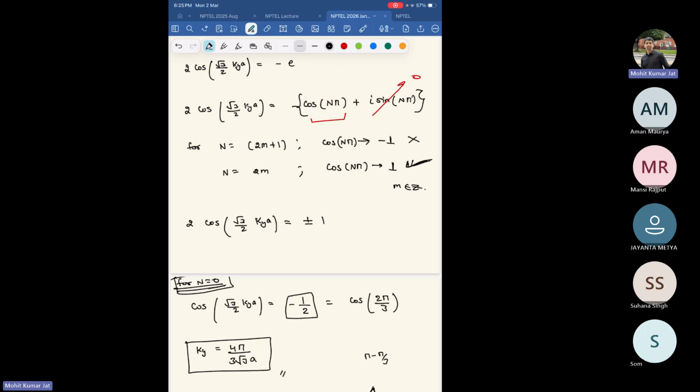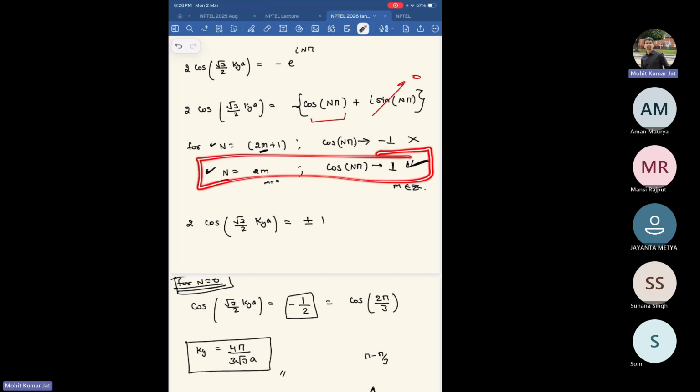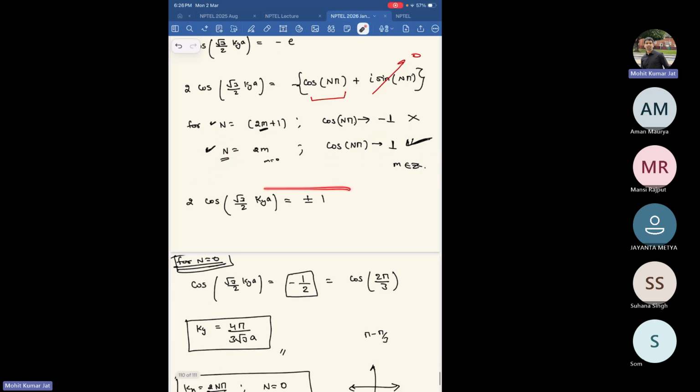Because if n equals 0, your m has to be in the even category, not in the odd category, because if m equals 0, then only n becomes 0. If m equals 0 in this case, then n cannot be 0, right? So only this case survives.